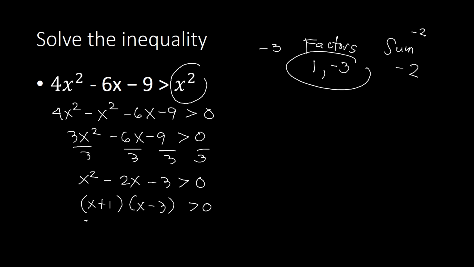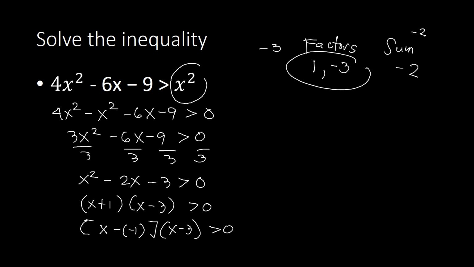So we have here x. From x plus 1, we will now be transforming that one as x minus negative 1. Okay. Now, next one, we are going to copy our x minus 3. That will be greater than 0.